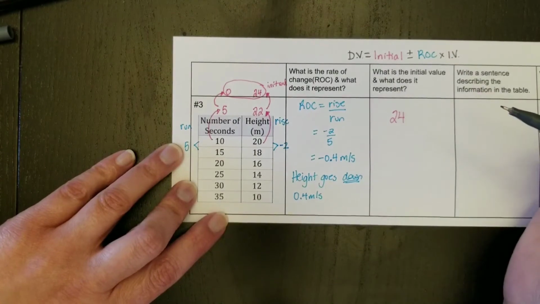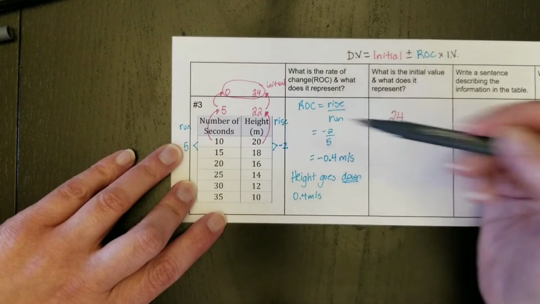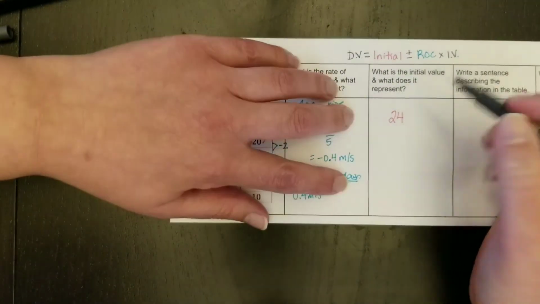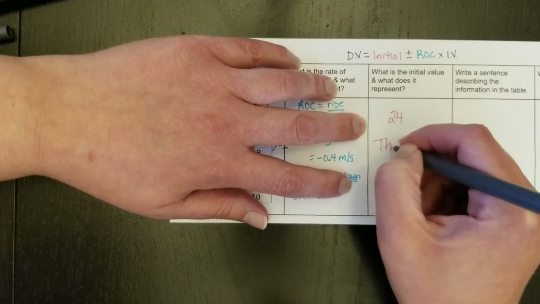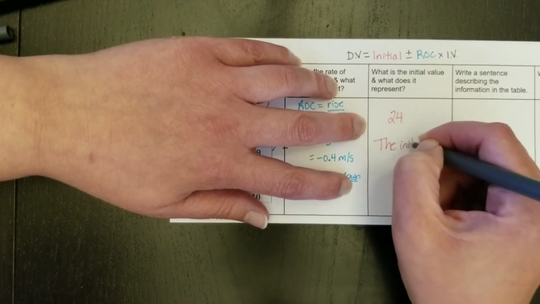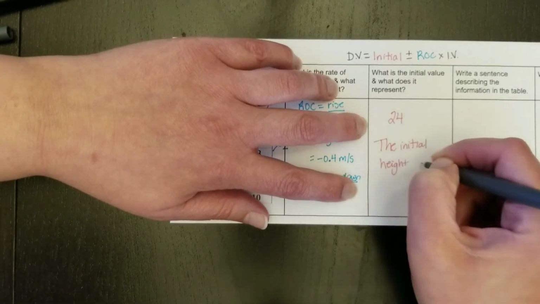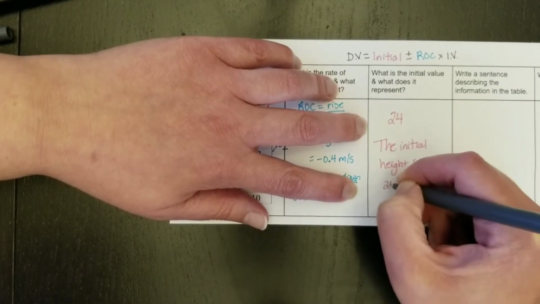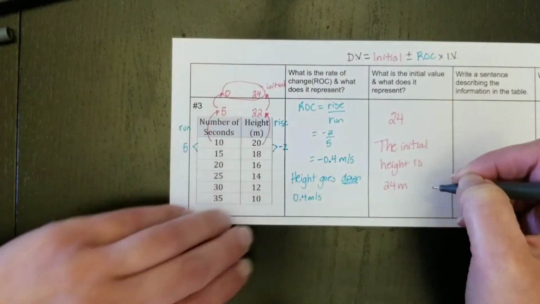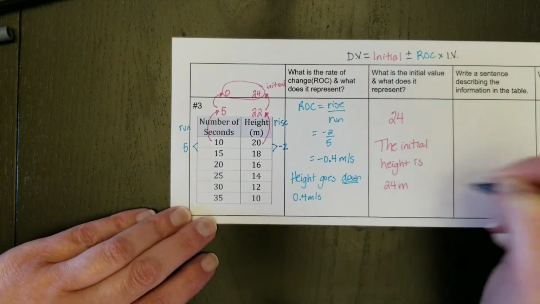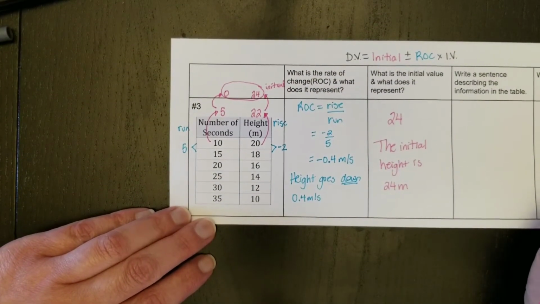So the initial height is 24 meters because that's the units.